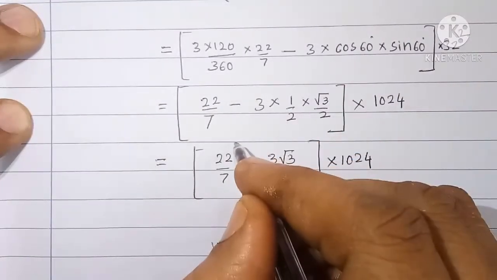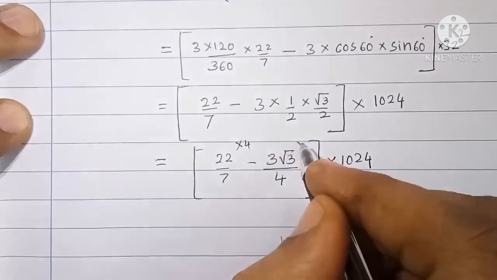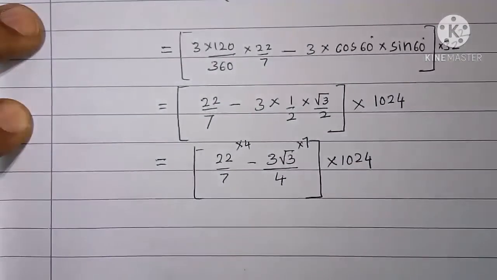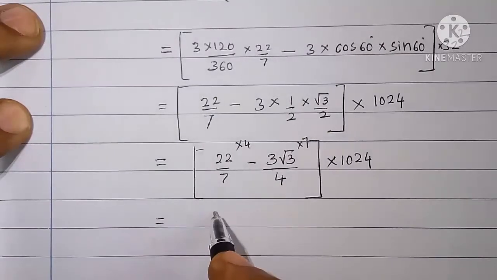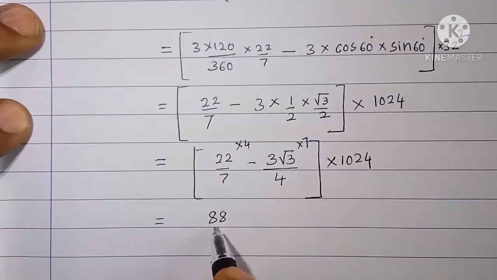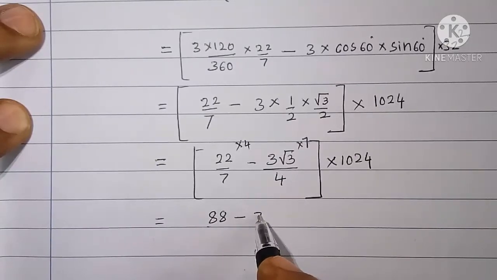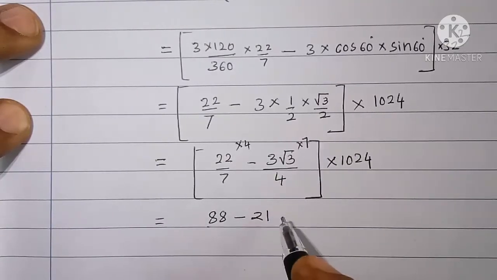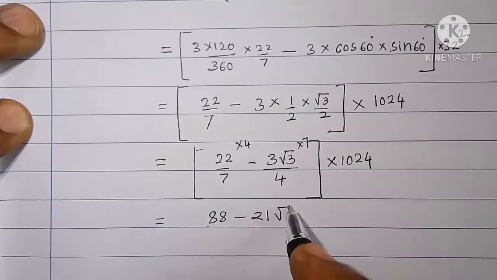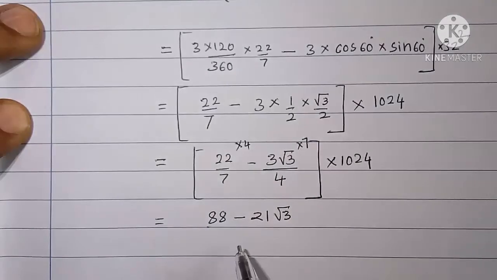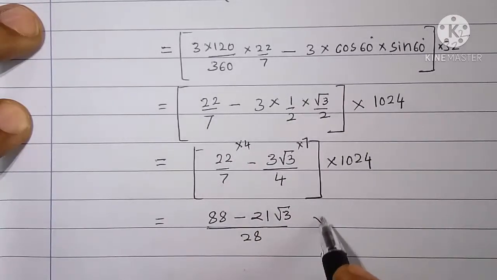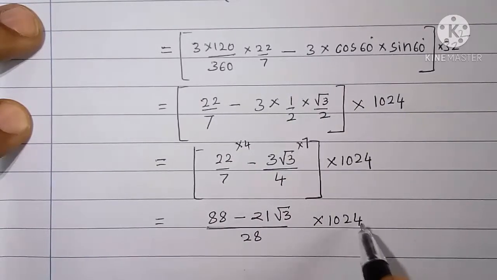Taking LCM as 28, we get 88 minus 21 root 3 divided by 28, into 1024.